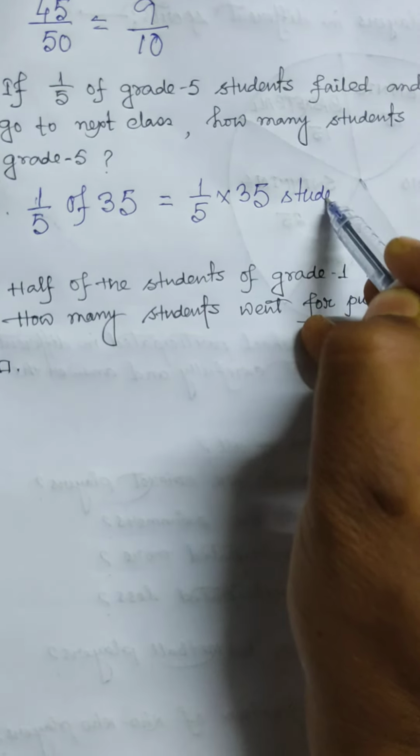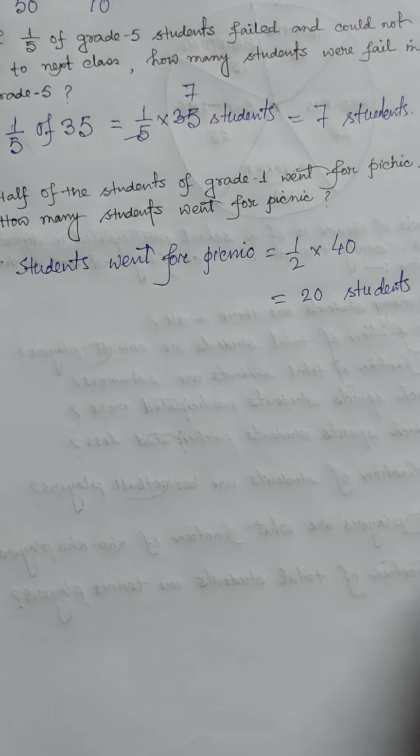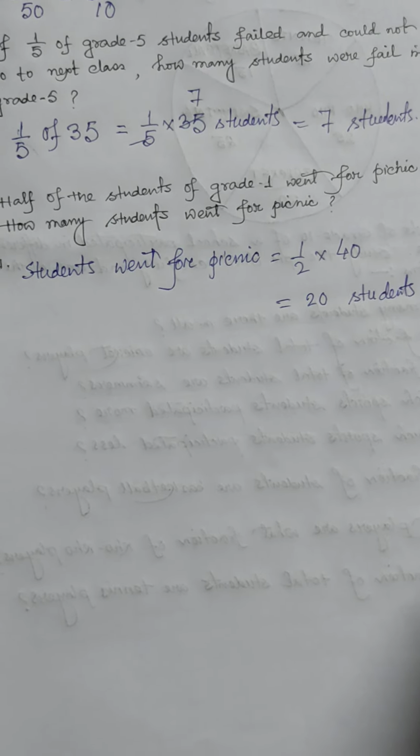So this one equals to, you will get 20 students. So how many students went for picnic? Half of the students of grade 1, that is 20 students went for picnic.